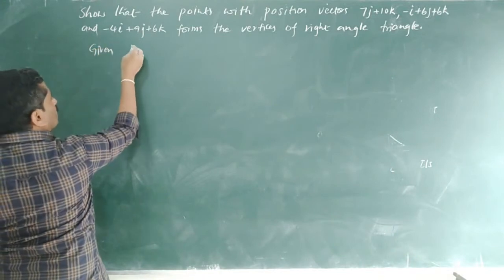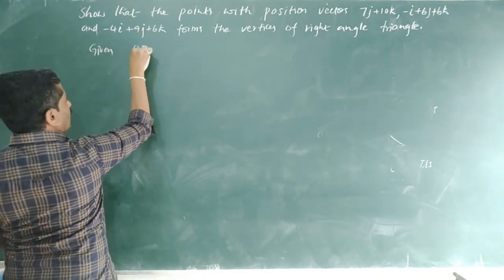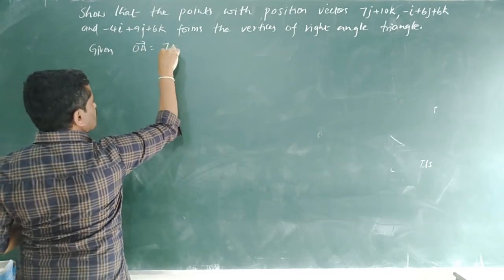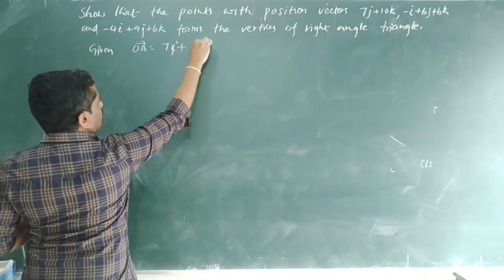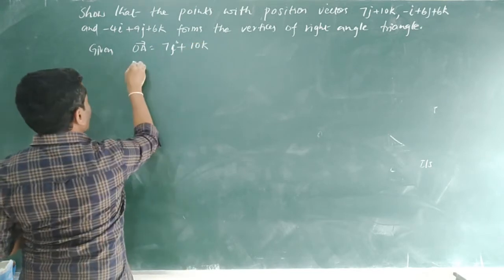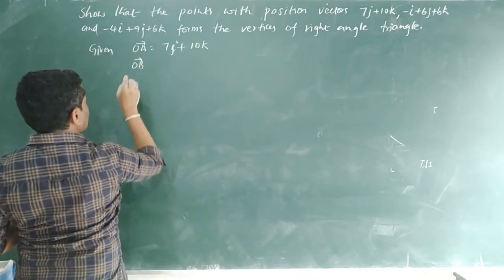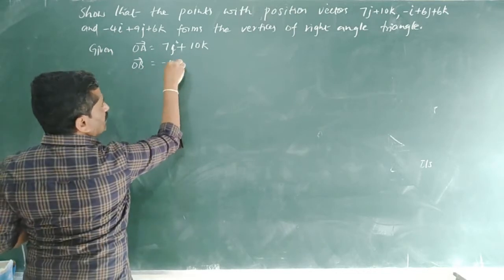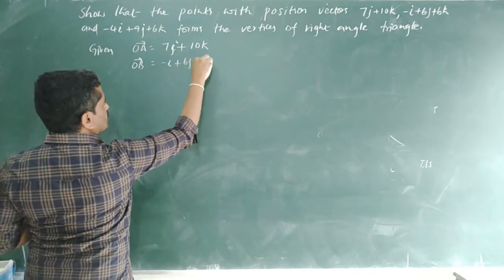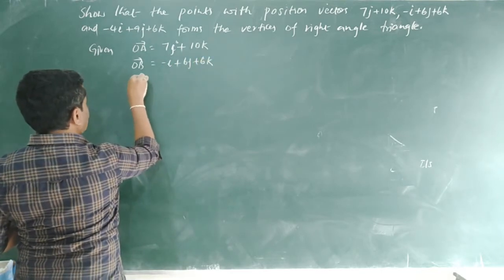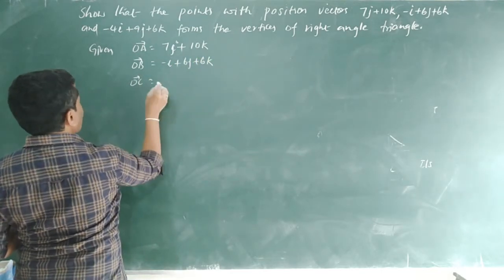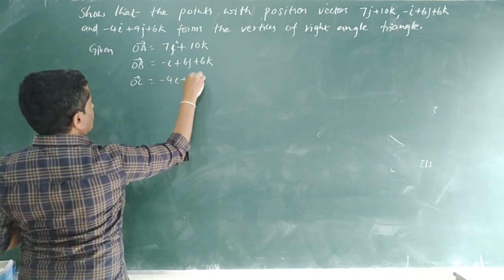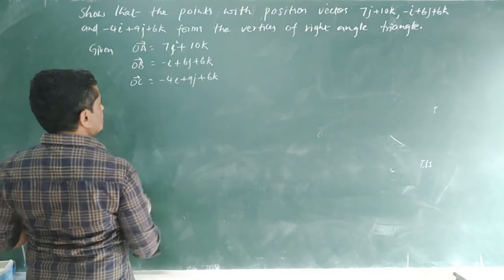Given points, we have OA bar equals 7i plus 10k. Similarly, OB bar equals minus i plus 6j plus 6k. Then vector OC bar equals minus 4i plus 9j plus 6k.